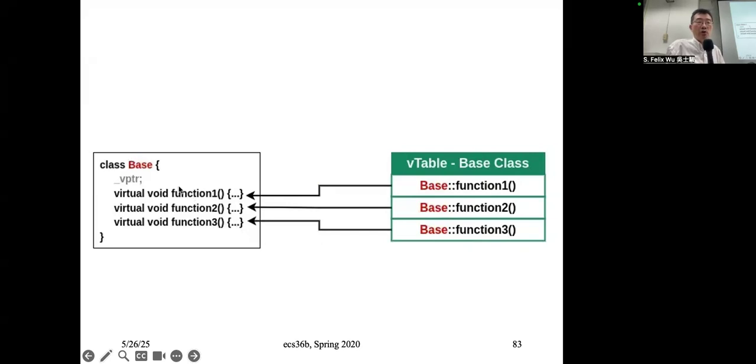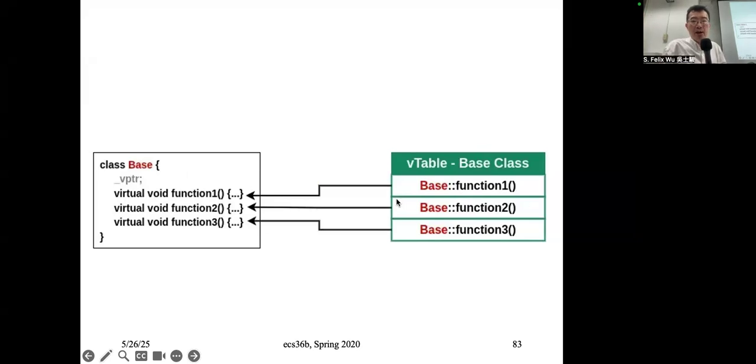So whenever I want to make a function call on an object related to the base, if this object was created as a class base, then the vtable pointer is pointing to this particular table. And then from this table, I can retrieve the function I'm going to call. Are you going to call function number 2?